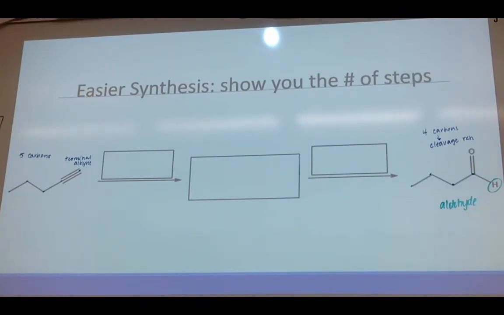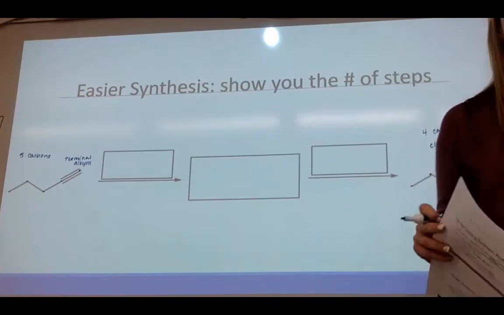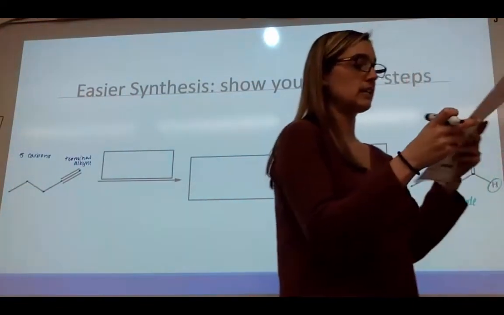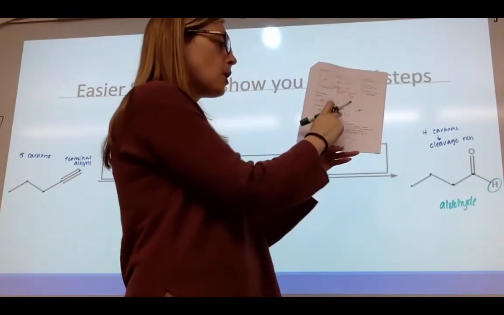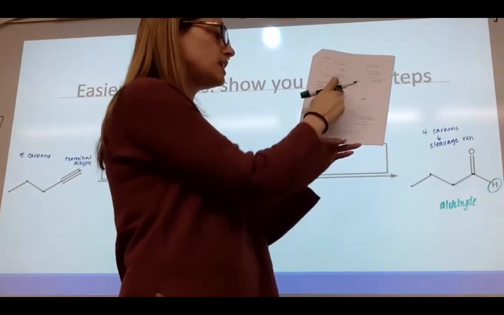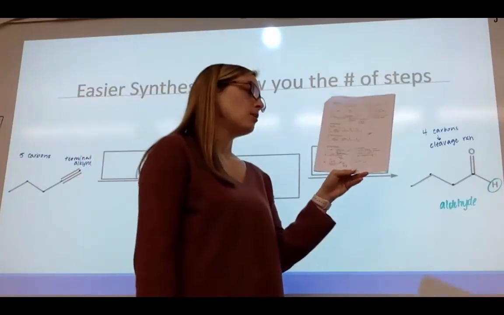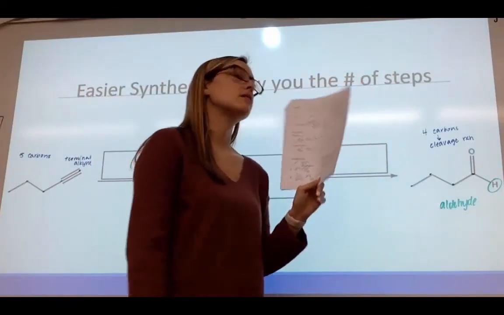So if you take a look at your cleavage reactions, you have cleavage reactions for alkenes and alkynes. For the cleavage of alkynes, which we've talked about more recently, we have ozonolysis and we have permanganate oxidation. Both of the cleavage of alkynes produce carboxylic acids.